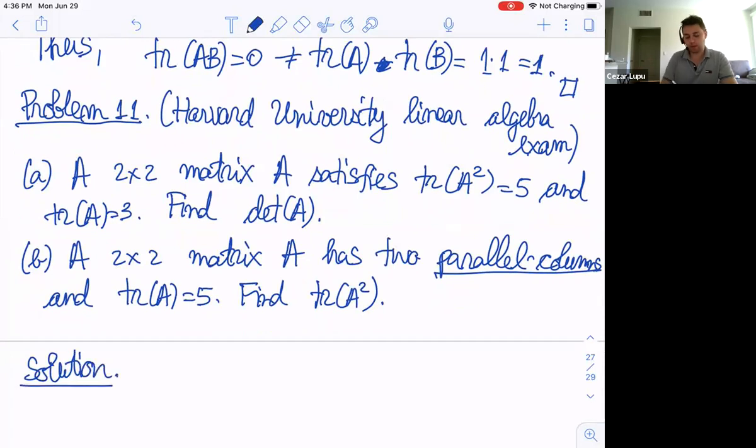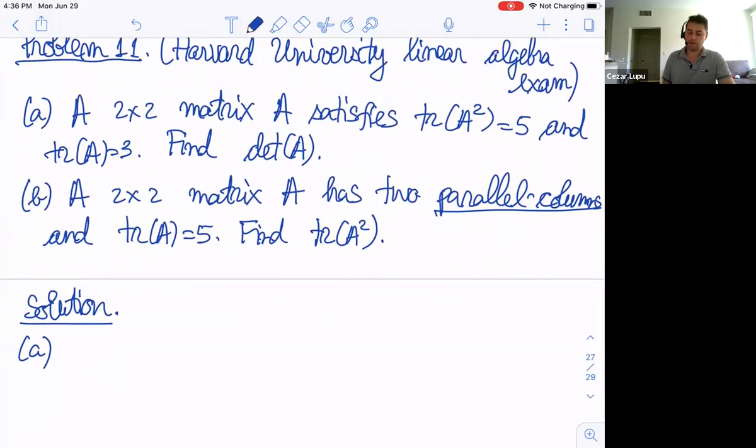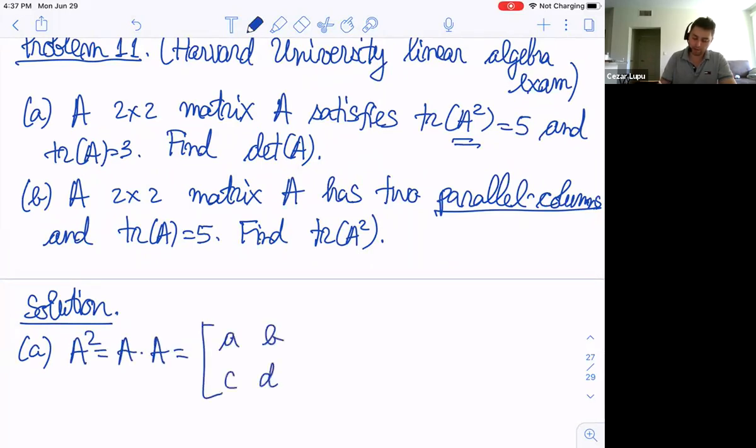So let's look at part A and analyze it a bit. We have a 2 by 2 matrix that satisfies trace of A squared is 5 and trace of A is 3, and we need to find the determinant. Since I see A squared here, I need to compute A squared, which is A times A. It's [a, b; c, d] times [a, b; c, d].